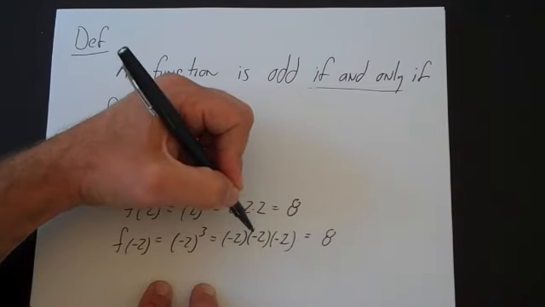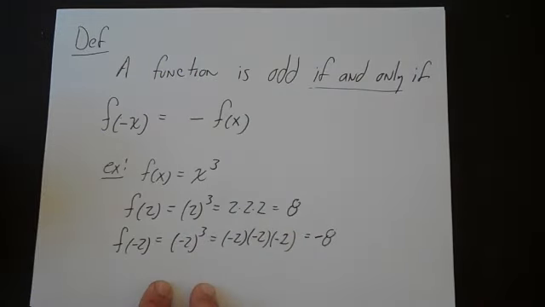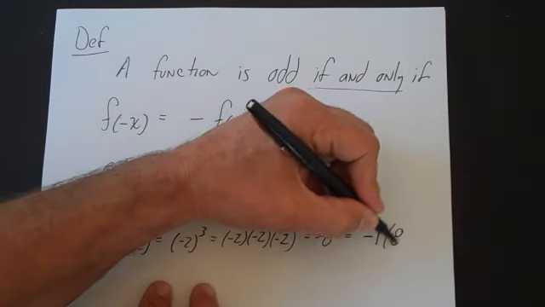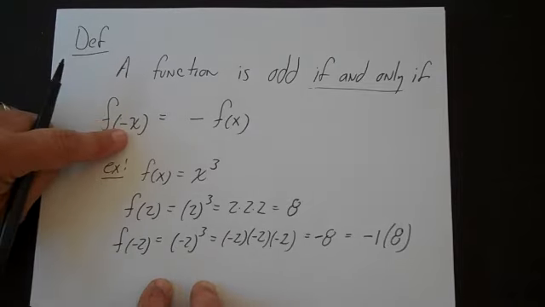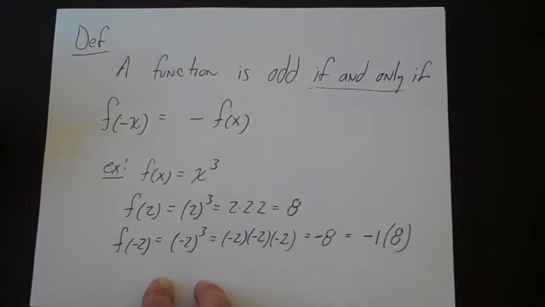A negative and a negative is a positive, times a negative, so that's minus 8. Let's factor a minus 1 out, and you get minus 1 times 8. So if f of minus x is equal to minus 1 times f of x, then it's odd.